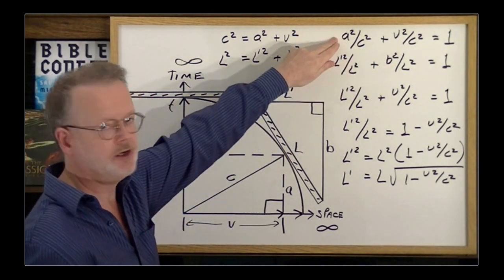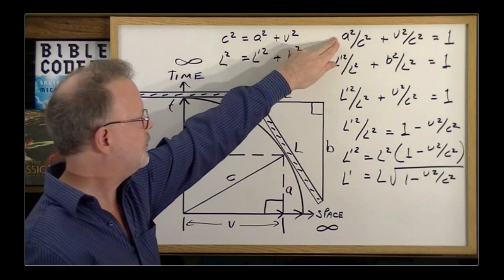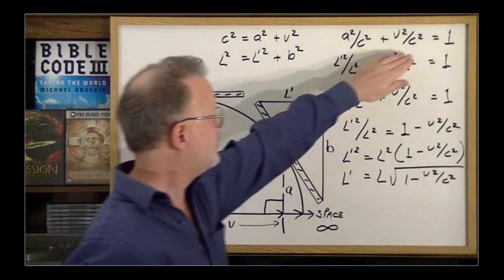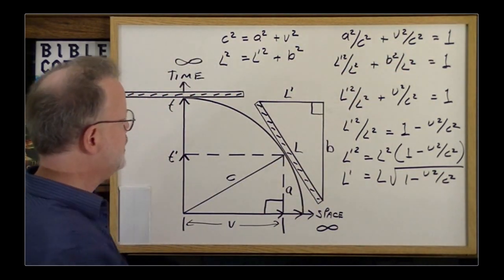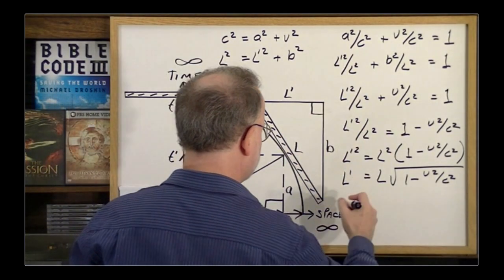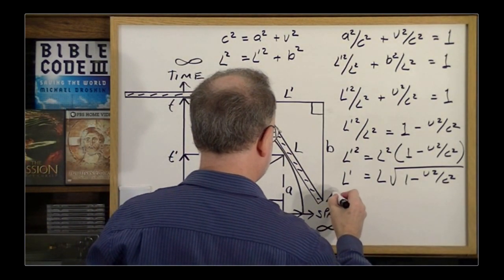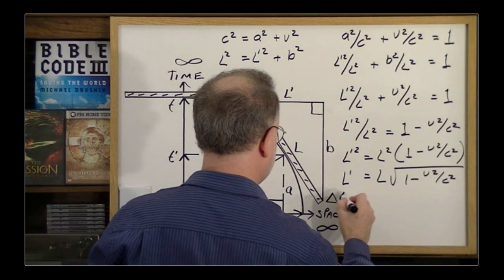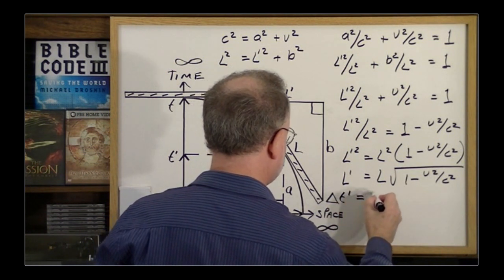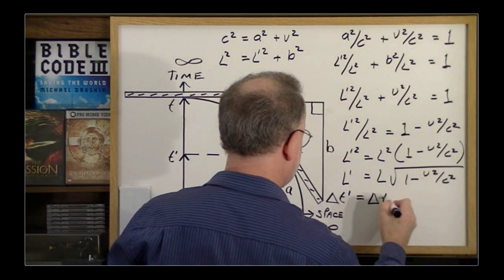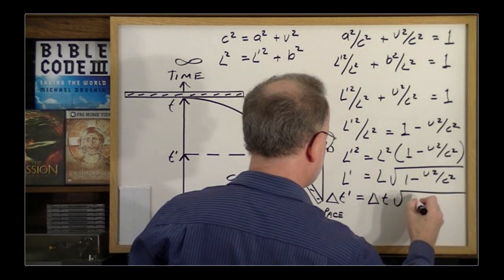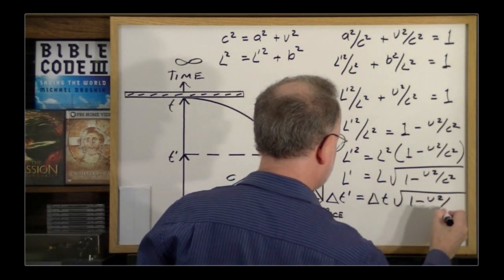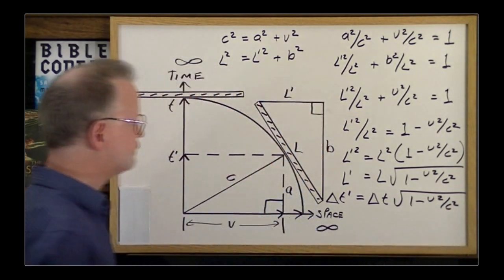And so you can change this here to t prime squared over t squared. And then you already have your v and c within the equation. So you just do your usual rearranging and you end up with an equation delta t prime equals delta t times the square root of 1 minus v squared over c squared.